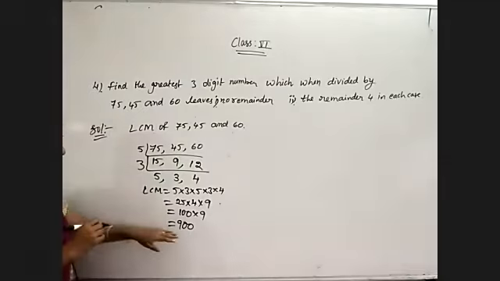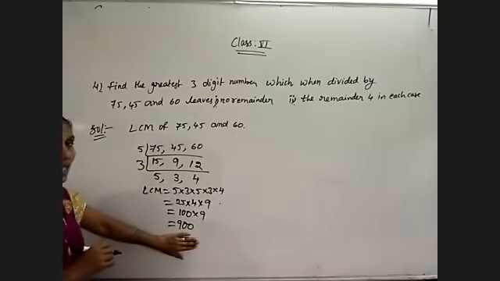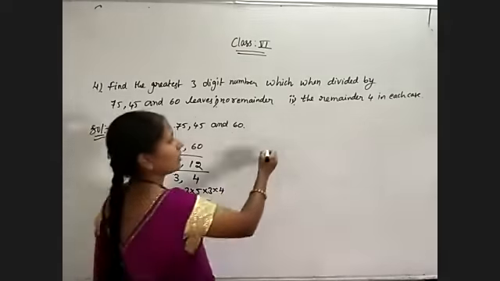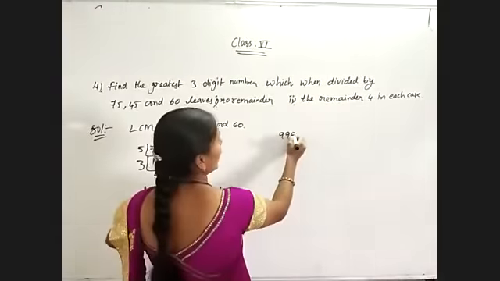900 is how many digits? A 3-digit number. If I take 9999, that is the greatest 4-digit number. If I take this number, is it divisible by 75, 45, 60? No. This 900 is the greatest 3-digit number which when divided by each of the numbers leaves no remainder. No remainder means remainder is 0.